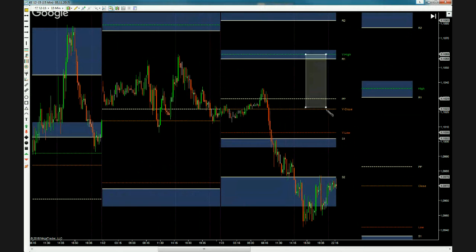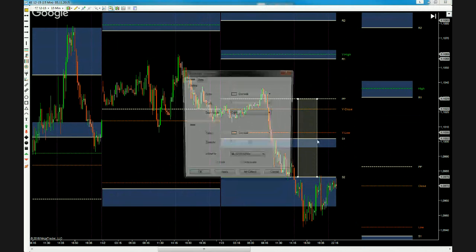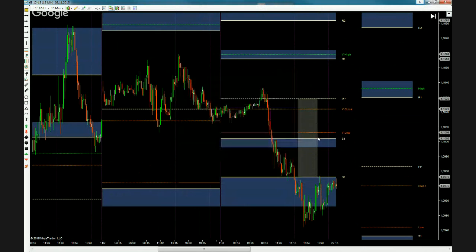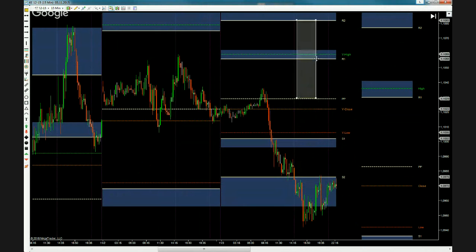So we just take the difference here from yesterday's high and yesterday's low, and you place it below or above the pivot, and then we have the second support or resistance levels. And if you cut it in two, you have the 50%, and that is then the first support and resistance level.